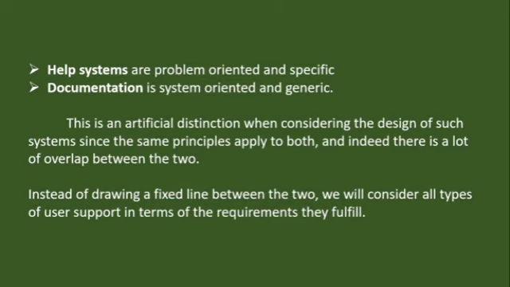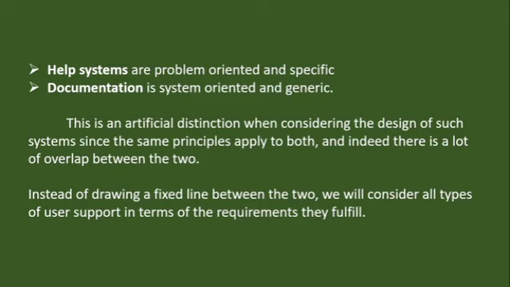Meaning to say, the help system is specific. It has a specific purpose, while documentation is generic, unlike the help system, which has specific instances or specific points where it is needed.